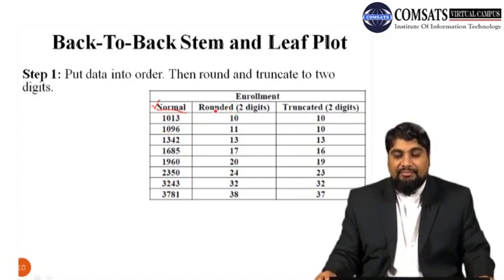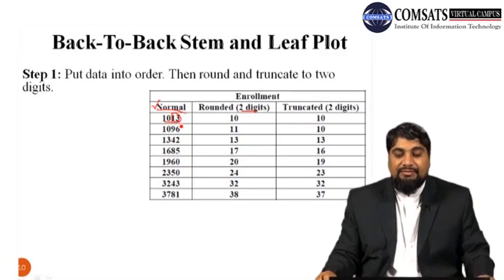In the next column, column 2, it contains rounded digits, rounded to 2 digits. As far as this first number 1013 is concerned, we want to round it to 2 digits. In case of rounding a number to 2 digits, we have here a 4-digit number, so we will focus on the last 2 digits.